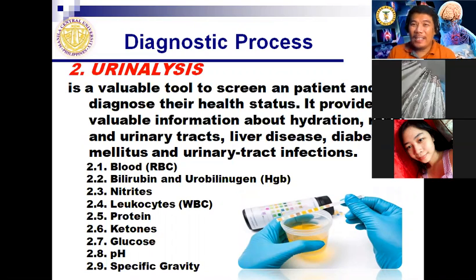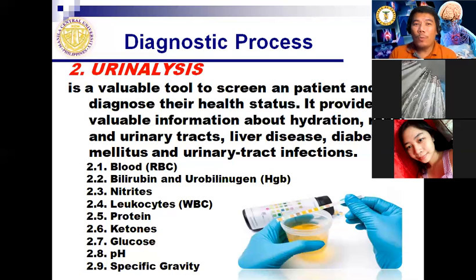Urinalysis again is one of the basic tools to help us identify health problems connected to the physiologic response of the body. Every time the client may have the CBC, the follow-up could be stool exam or urinalysis as well. But very common is the urinalysis.